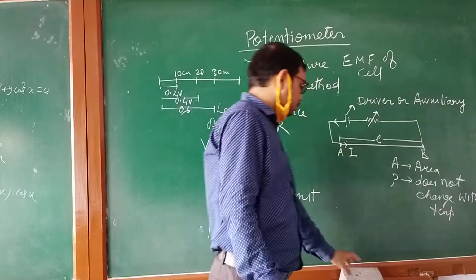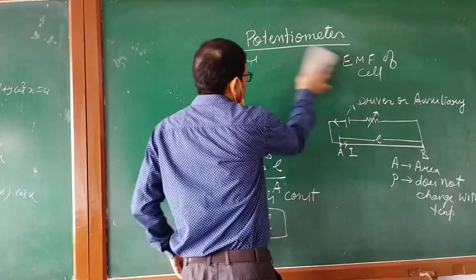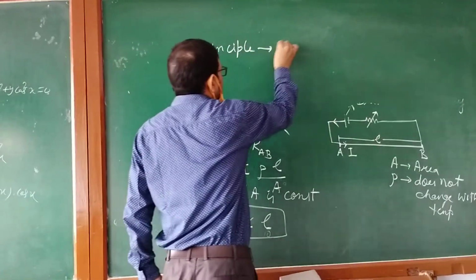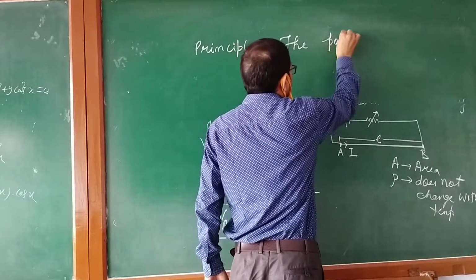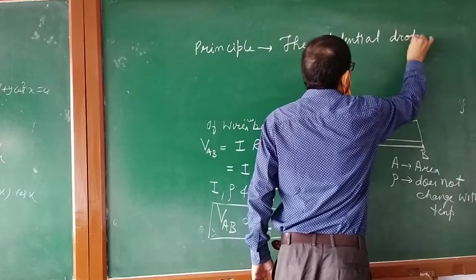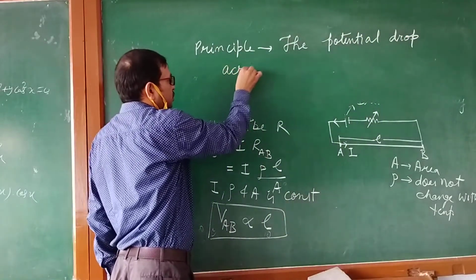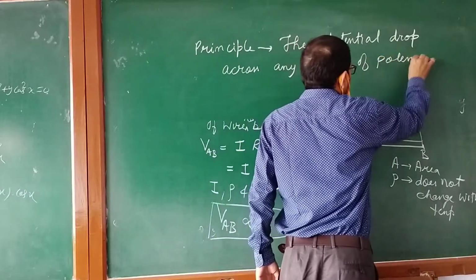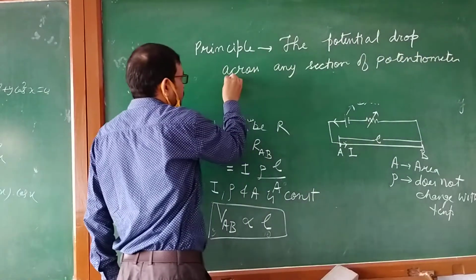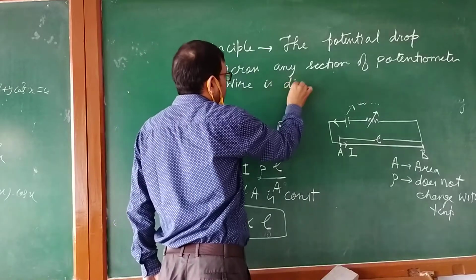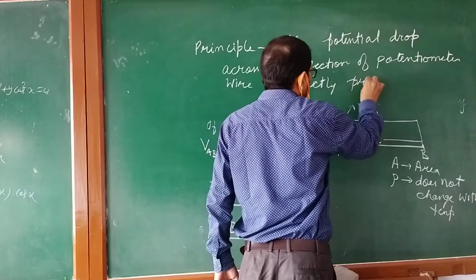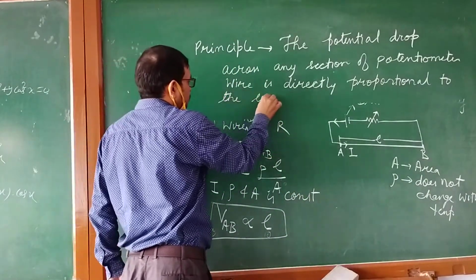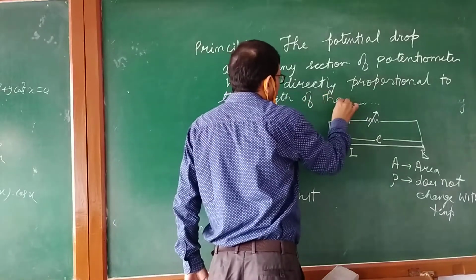So you can write the principle. Principle of potentiometer: the potential drop across any section of potentiometer wire is directly proportional to the length of that section of wire.